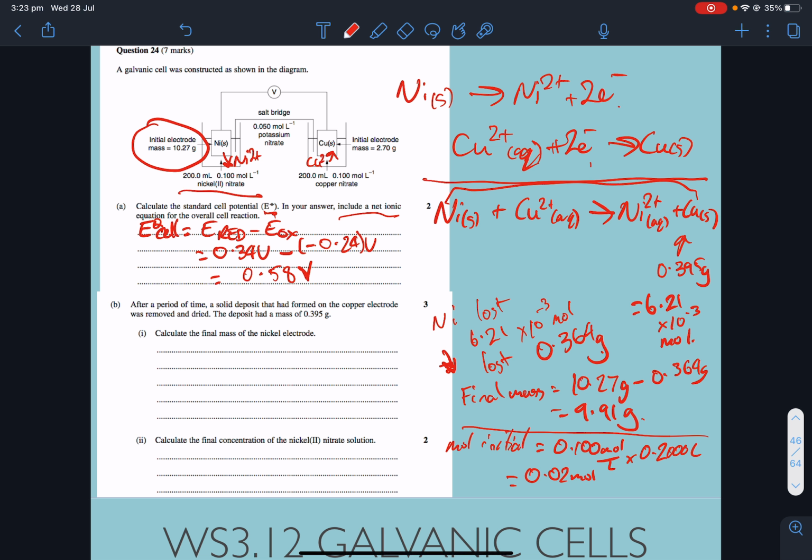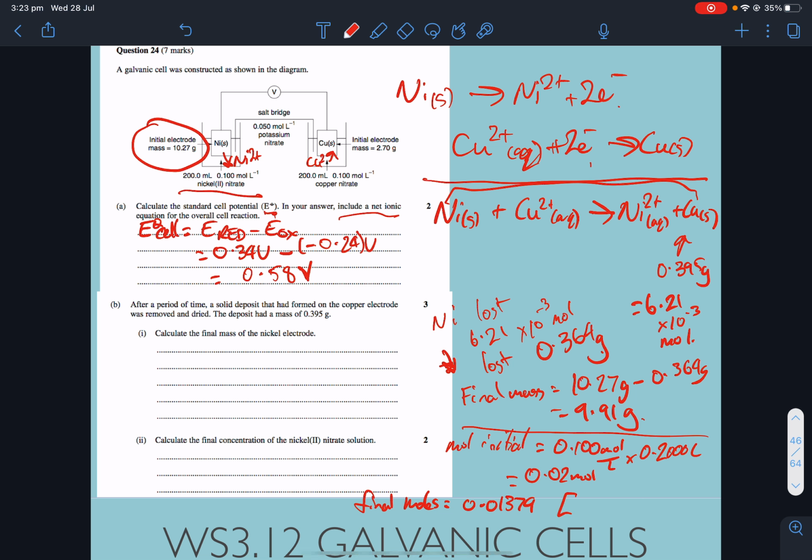And we must have gained the 6.21 times 10 to the negative 3 moles. So final moles equals 0.01379. And the concentration, I'm assuming, is in the same volume.